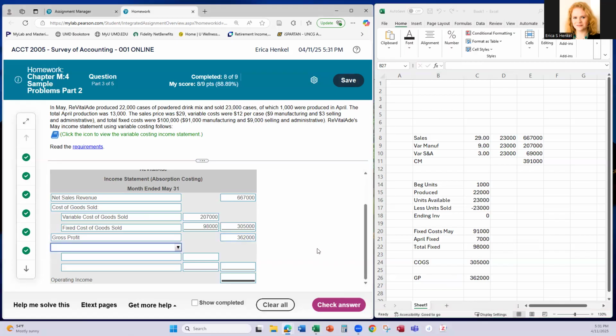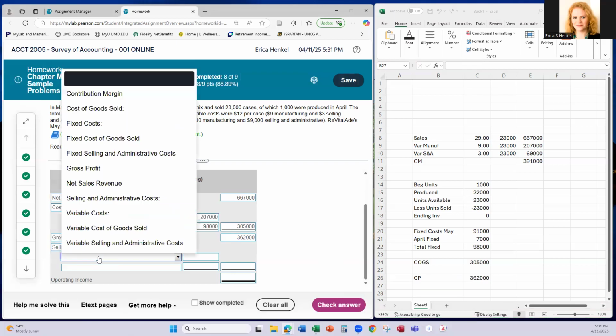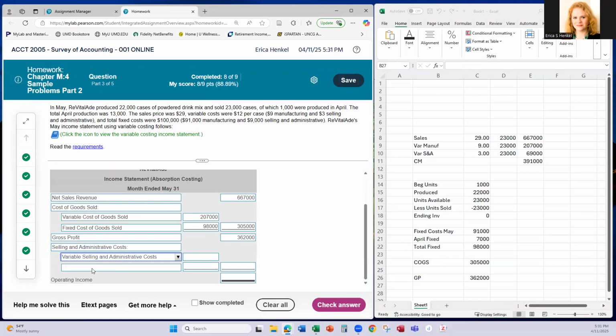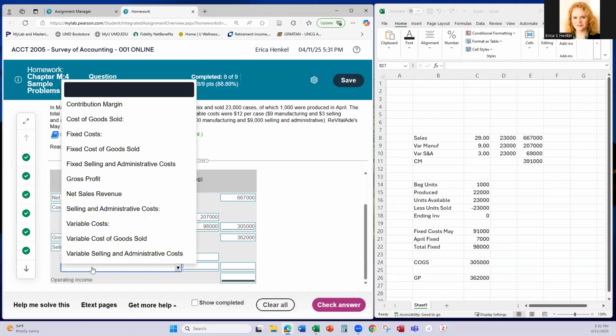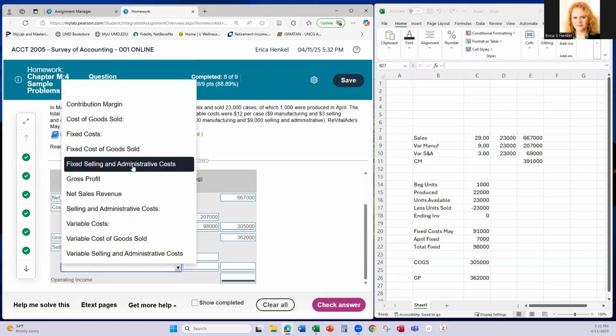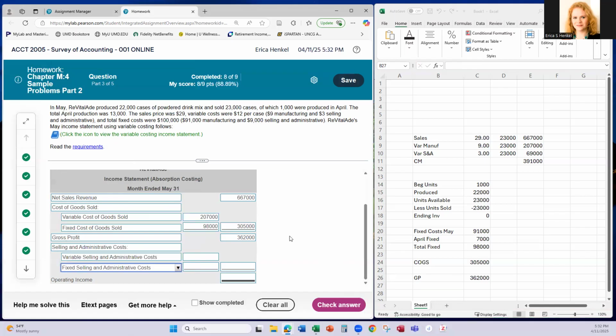All right, so now down here, we are going to have selling and administrative costs. We're going to have variable selling and administrative, and we're going to have fixed selling and administrative costs. All right, so our variable selling and administrative costs, let's see, $3 per case. We had that last time, 69,000.